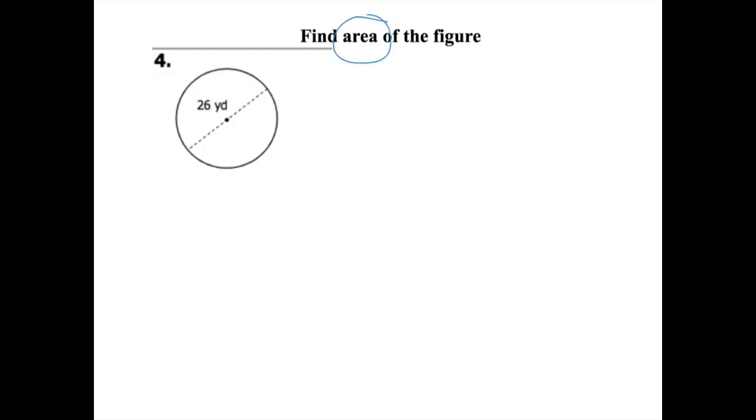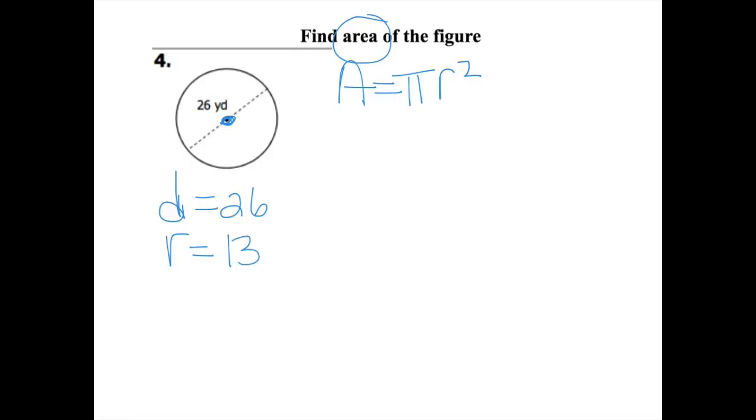What are we doing in this problem? We are circling what we need to find. Let's find the area. This picture is a circle, so we're going to write down the area formula, which is pi r squared. In the picture, when we're given a number right in front of the center, this is the diameter. So we're going to go ahead and write the diameter is 26. If that's the case, how much is the radius? The radius is 13. Let's go ahead and plug in our knowns.